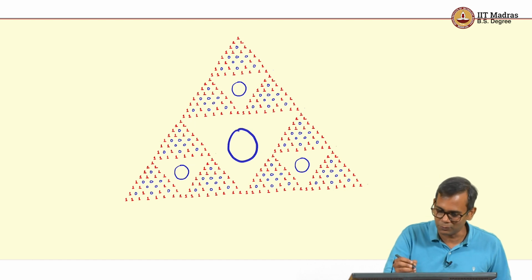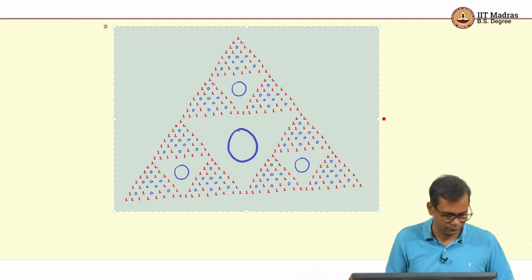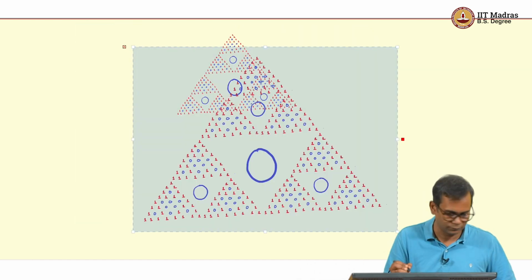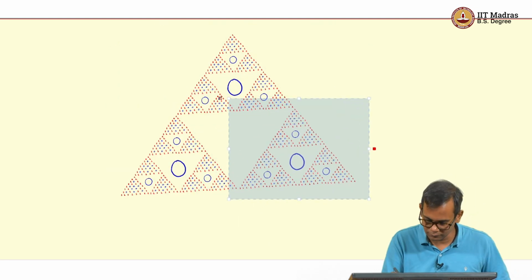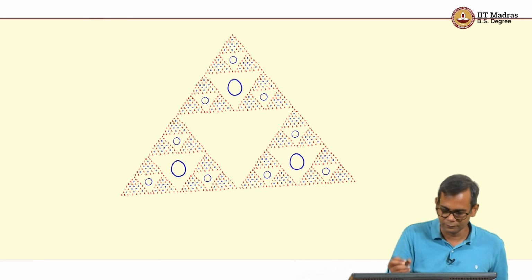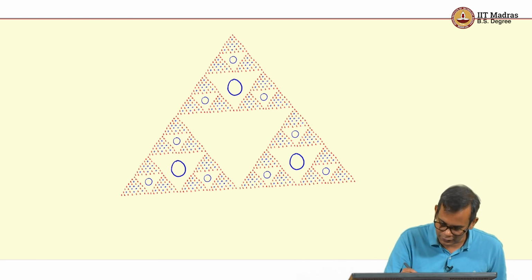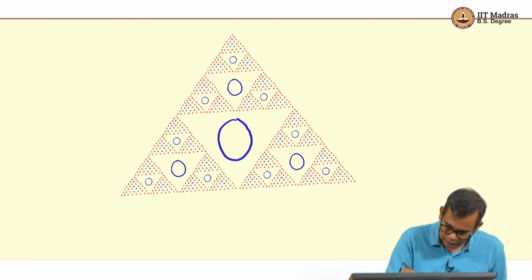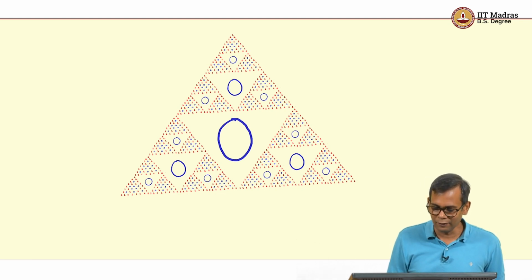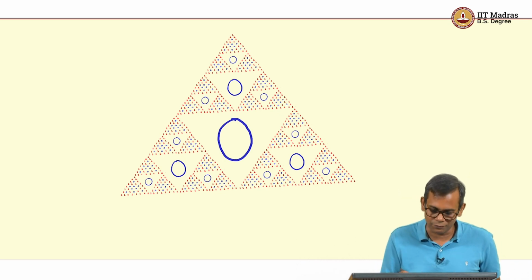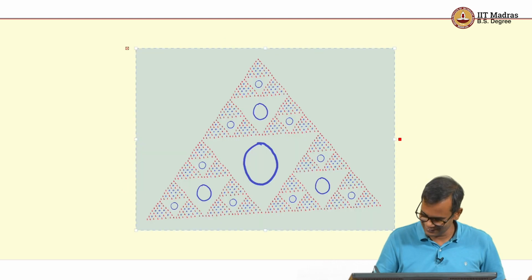Let me do it once more. And once again we have this region of zeros in the middle. And we could keep doing this indefinitely, drawing more and more of this Pascal's triangle modulo 2.